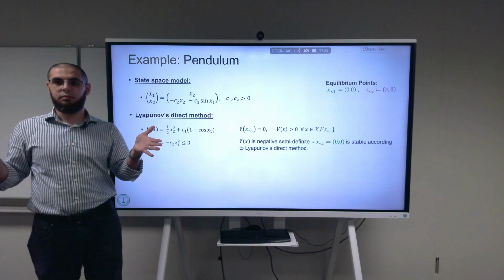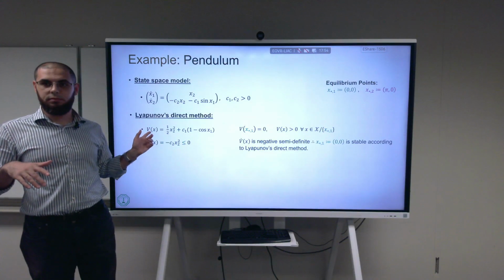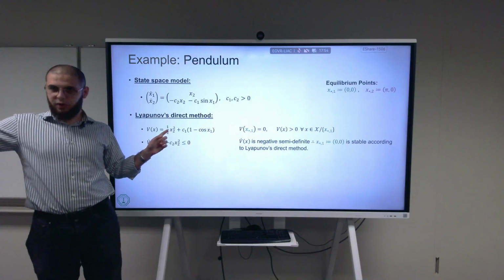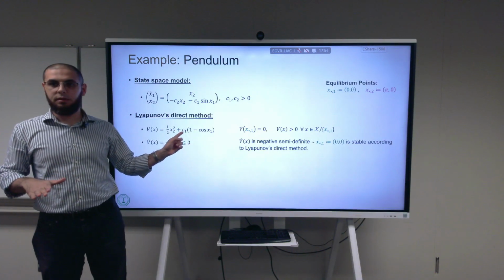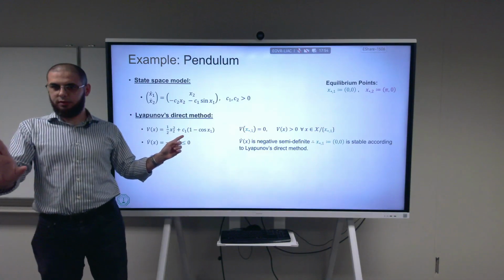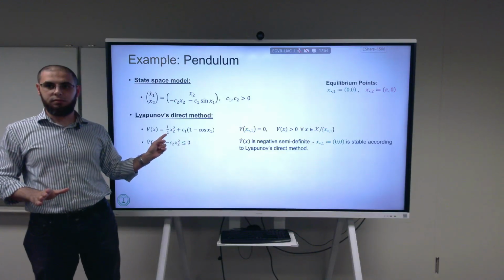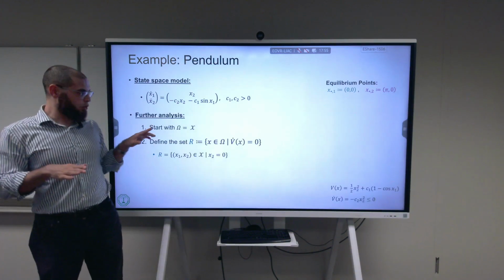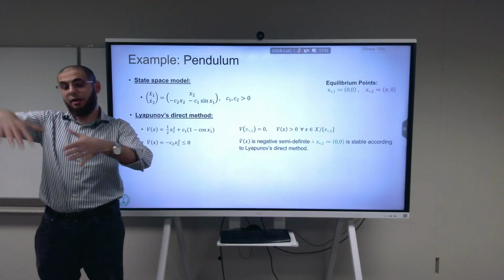From 0 to infinity? No, that's not correct. To maximum. So this part, exactly, it goes to infinity, that's correct. Yes, I agree. But this part goes from 0 to 2, exactly. So that's correct. So this part alone goes from 0 to 2, and this part alone goes from 0 to infinity. So I advise you to go home and plot this. You can plot it in a 2D plot, in a 3D plot.